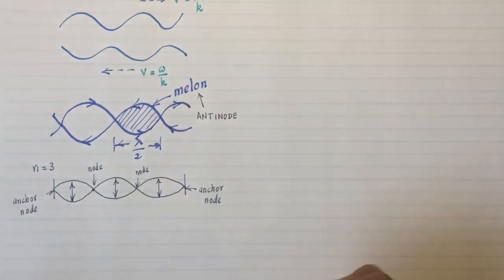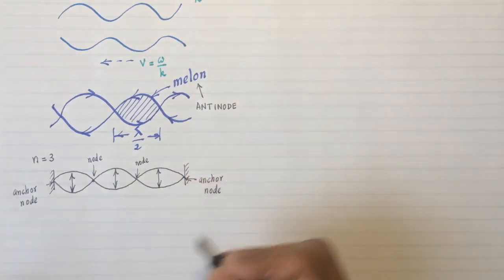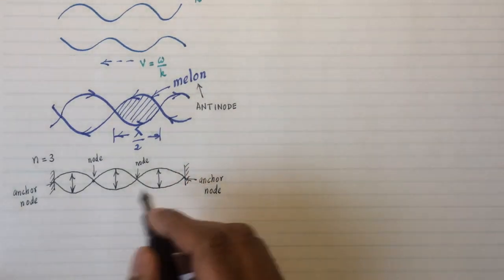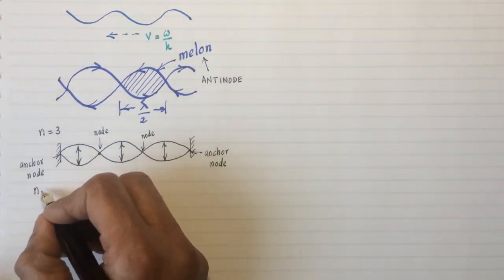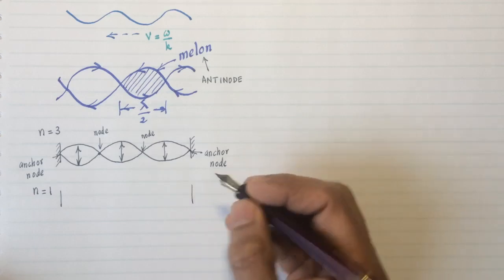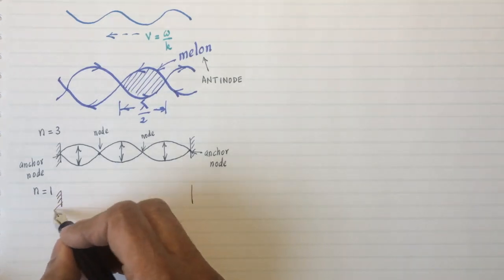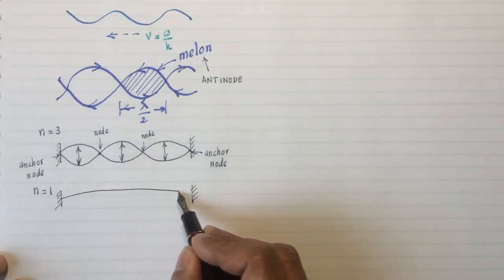So let's try to figure out the relationship between wavelength and frequency of each of these modes for different values of n. Let me try n equals 1 first. The simplest, I drew n equals 3. So let me draw n equals 1 now. N equals 1 will be the simplest case. You just have one single antinode.